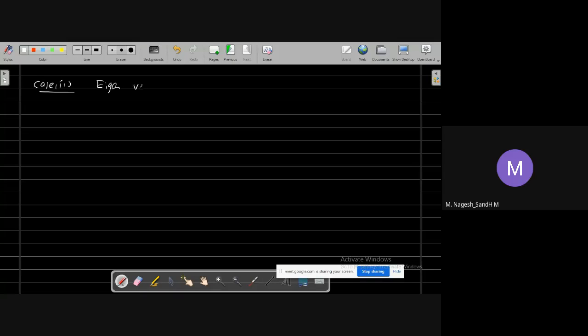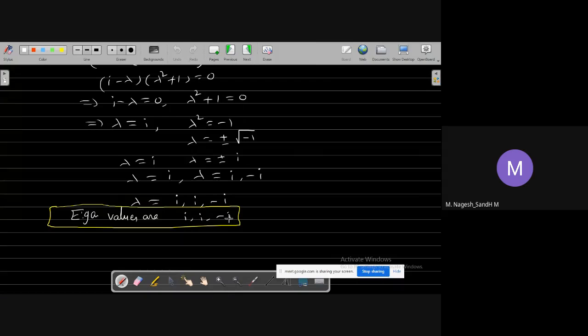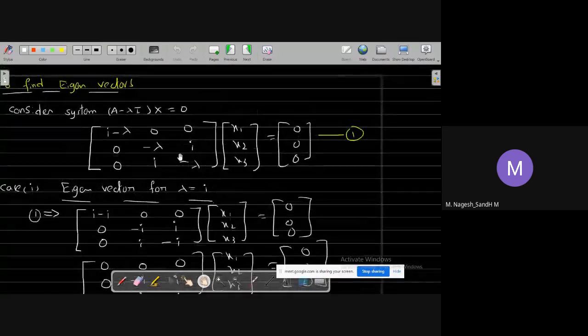Eigenvector for lambda equal to minus i. So what is A? Check here. A minus lambda i.